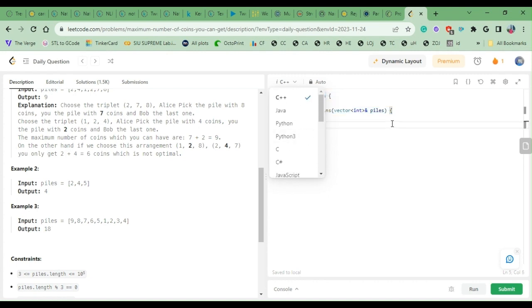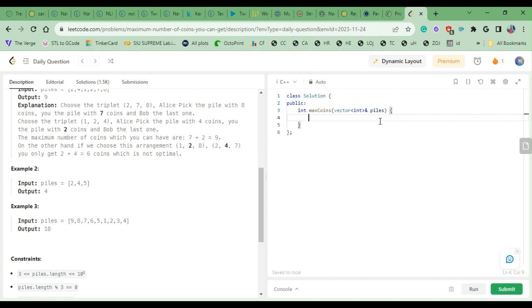I like C++ most because I am used to problem solving in C++ or C. So I'm starting the coding here. First, as we told earlier, we have to sort the array from ascending to descending order, or either way, no problem, but you have to handle the iteration in the code accordingly.